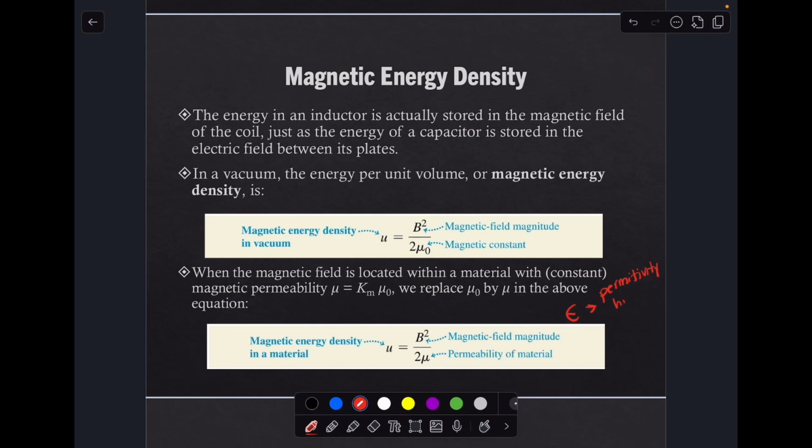Permittivity: how easily an E field flows through a material. Permeability: how easily a B field flows.